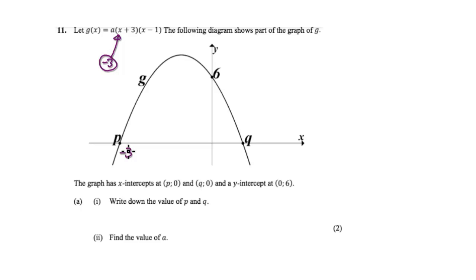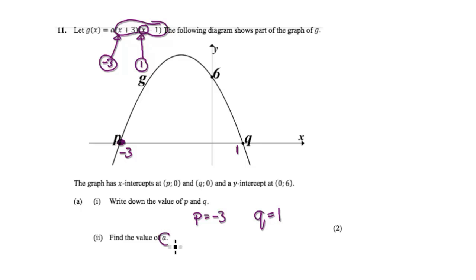So at negative 3, the value of y will be 0. And then if you put a positive 1 into this bit here, then the whole thing here will be 0. So this must be positive 1. So the answer here, p equals negative 3, and q equals positive 1. Okay, so that's the first part done.